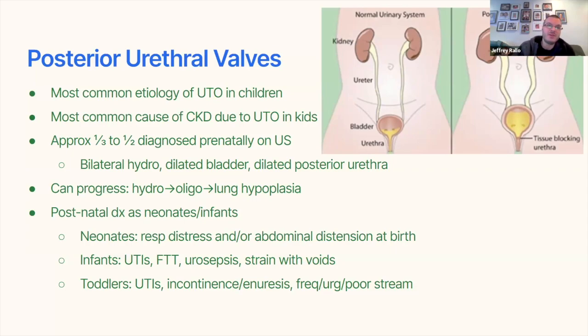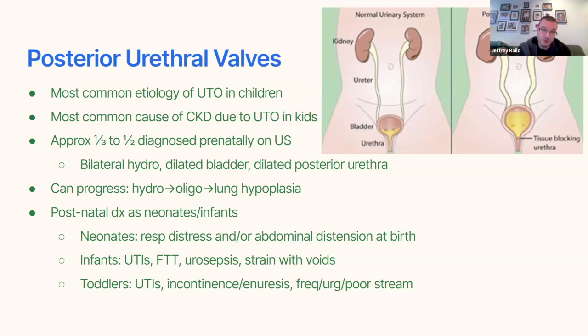If they survive the neonatal stage, as infants they'll present with frequent UTIs, failure to thrive due to general chronic medical issues, and urosepsis from UTIs plus the obstruction, bladder stasis, and hydro. Parents can also report straining or grunting with voiding if it's just a partial obstruction that needs some extra Valsalva pressure to get past.